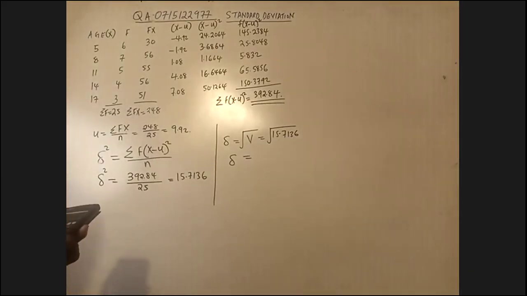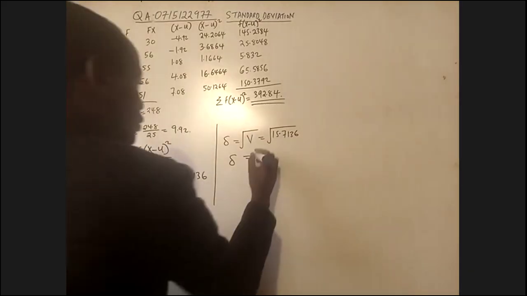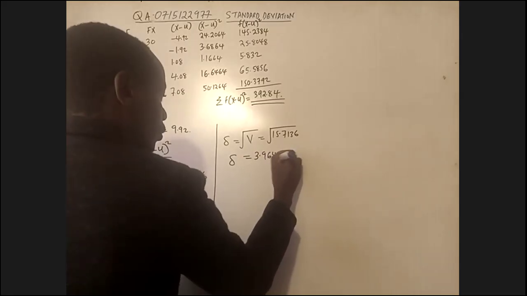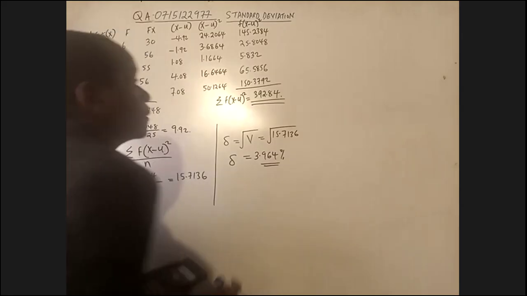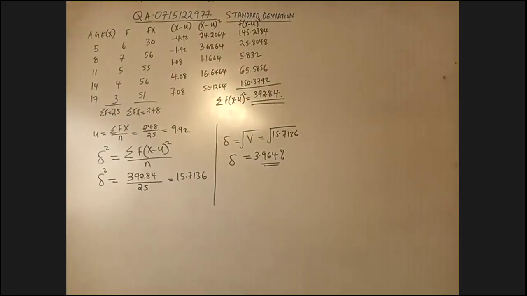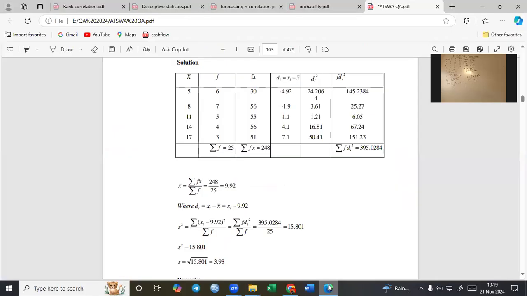So the square root is 3.964%. Is that one okay? Yeah. Is that one fine? Now, according to the question, they got 3.98.